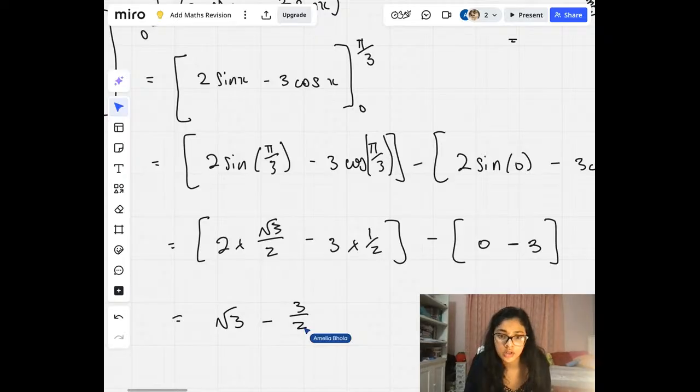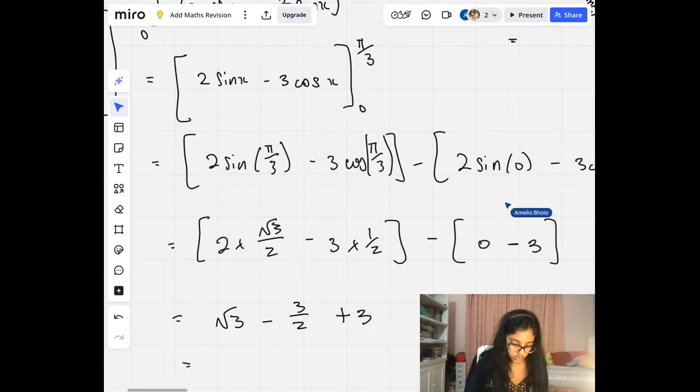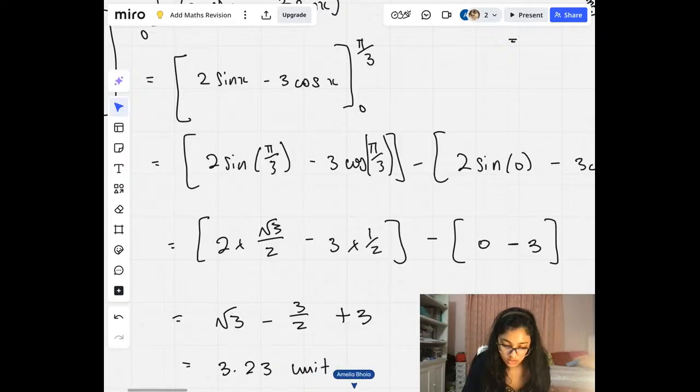Was area. Did I do the same thing? No, I didn't. No, it's okay. I did some nonsense before, and now I'll fix my mistake. So that should be 3.23 units squared. Let's see.